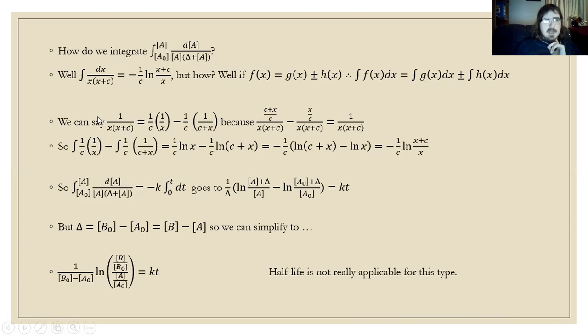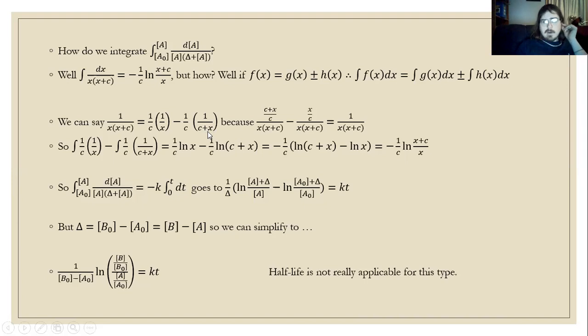Well, we can say that 1 over x times (x plus c) is a function: 1 over c times 1 over x, minus 1 over c times 1 over (c plus x).